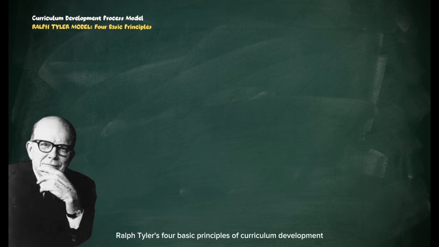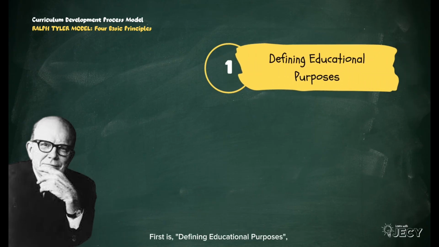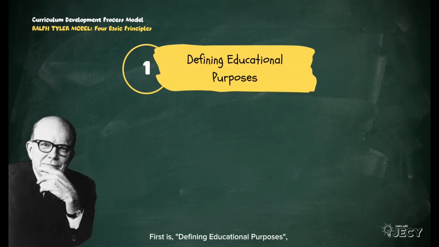Ralph Tyler's four basic principles of curriculum development provide a framework for creating effective educational programs. First is defining educational purposes, which means to clearly articulate the goals and objectives of education to guide curriculum development.